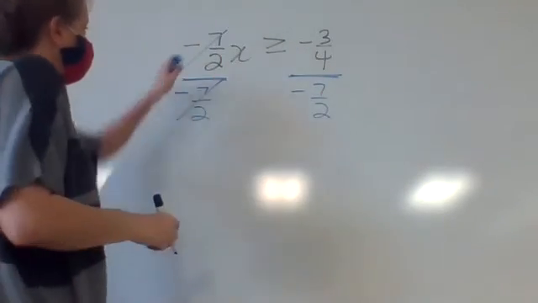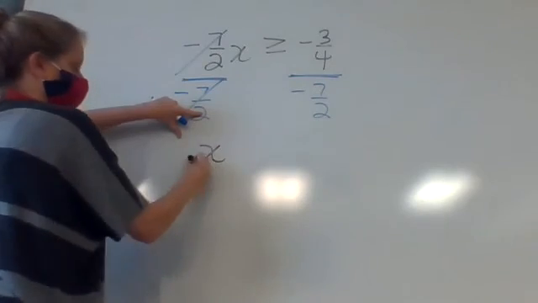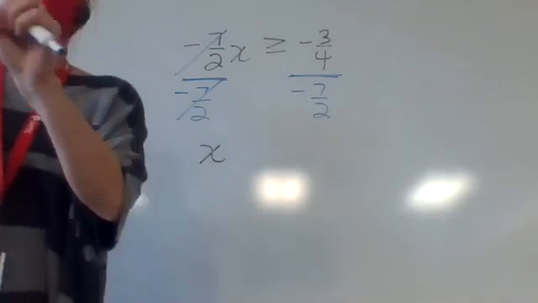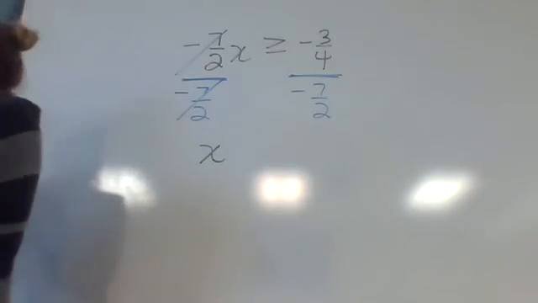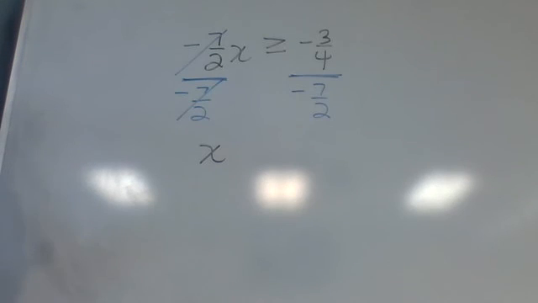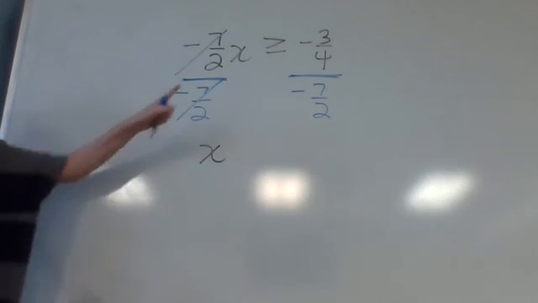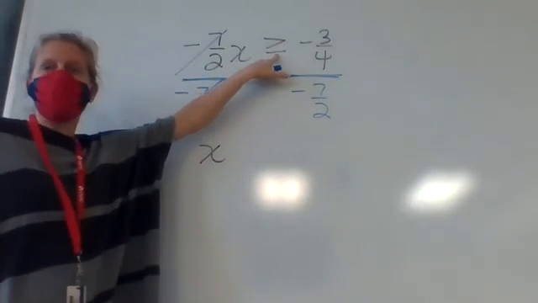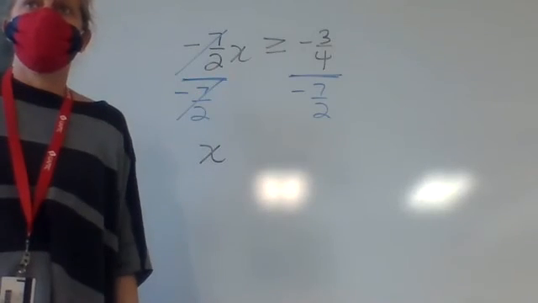Now, x is going to come down. That's all that's left over here. Here's something new and different about inequalities, which means not an equal sign, but a less than or greater than sign.